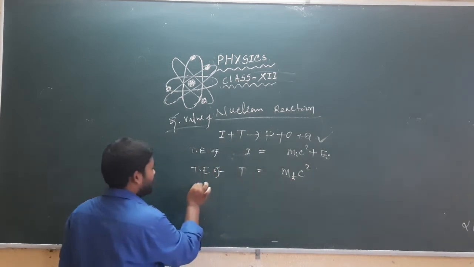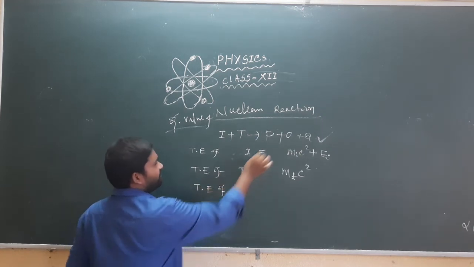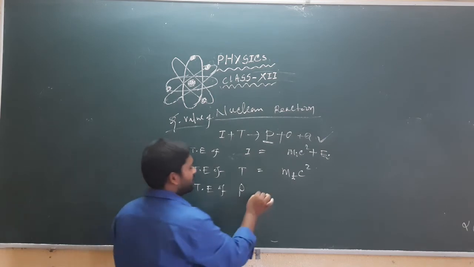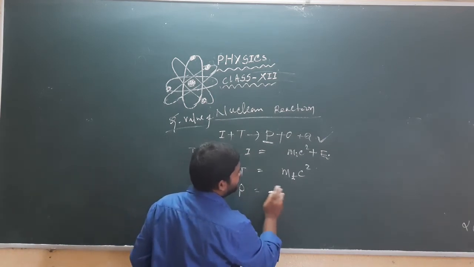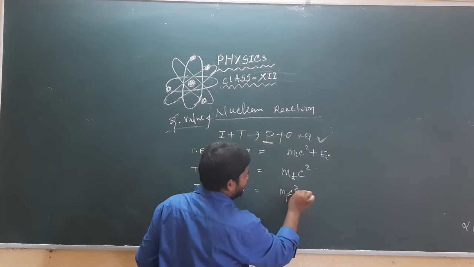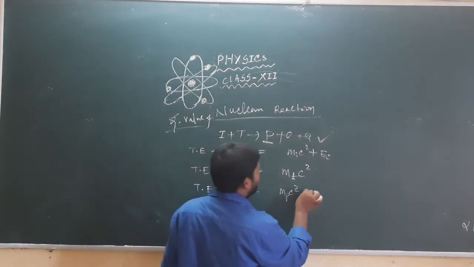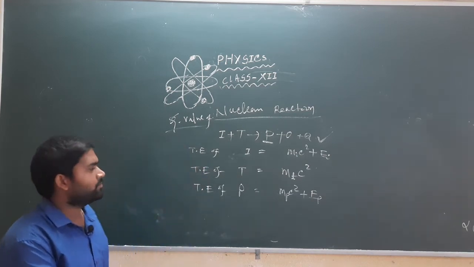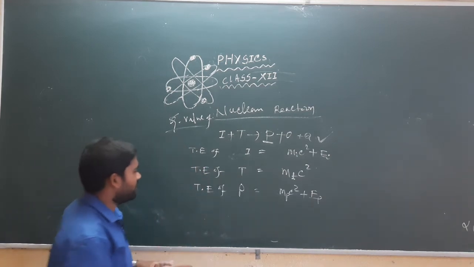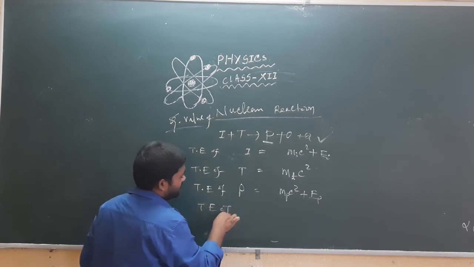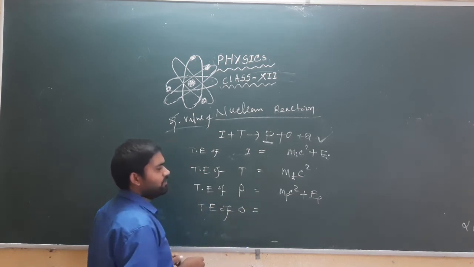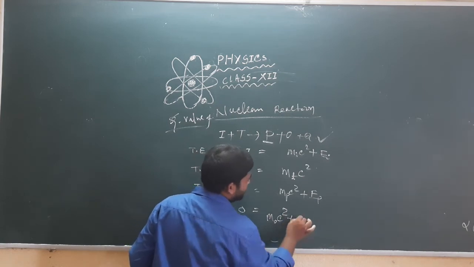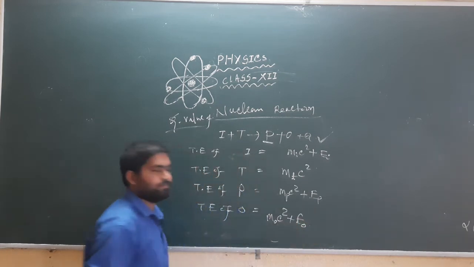Then the total energy of the product particle equals m_p c squared plus E_p, the energy of the product particle. Then the total energy of the outgoing particle will be m_o c squared plus E_o.